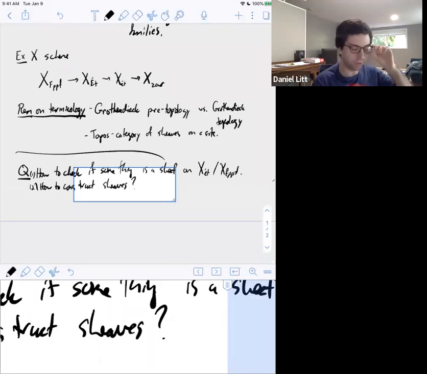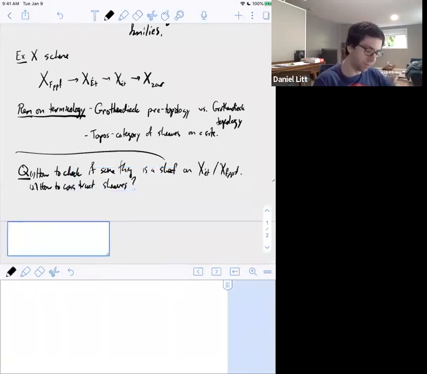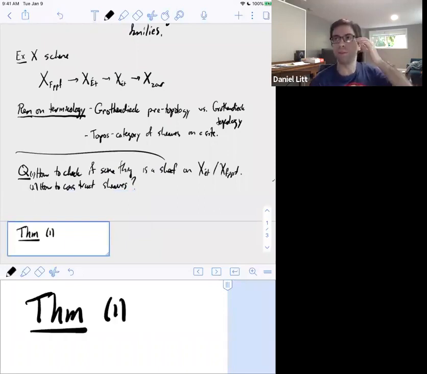Okay, so I want to give two examples. The main theorem will be two ways of constructing a sheaf.